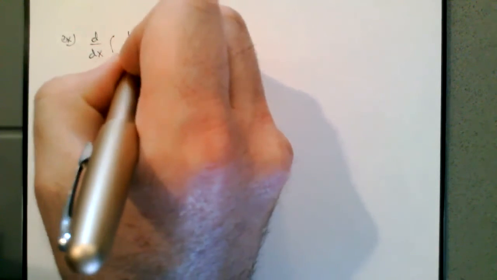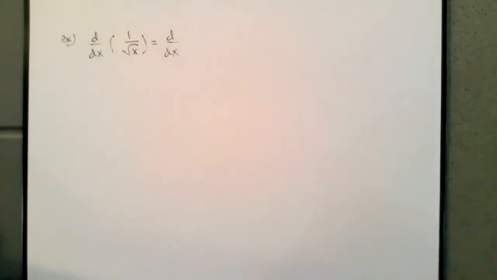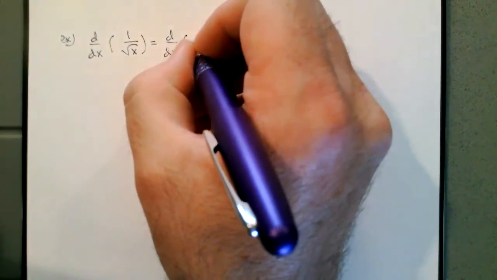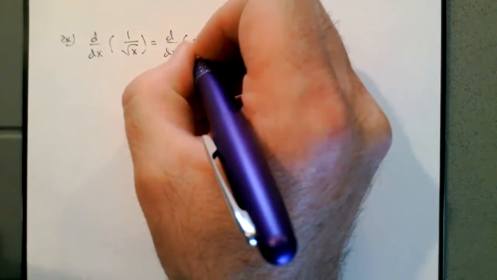We can even apply both of these rules. Let's suppose that we wanted to take the derivative of 1 over the square root of x. What's the exponent on the x in this case? We want to write this as x to some power.